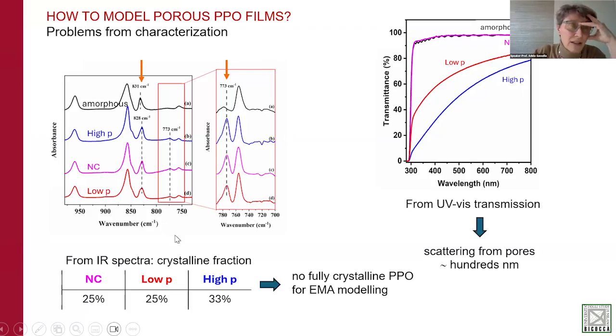From the infrared absorption spectra, which is a common technique for polymer physics, one can estimate the crystalline fraction in the film by looking at specific absorption peaks. For example, this is the typical amorphous peak, which shifts when crystallization goes on, and a new peak appears here, again a signature of the crystalline phase.